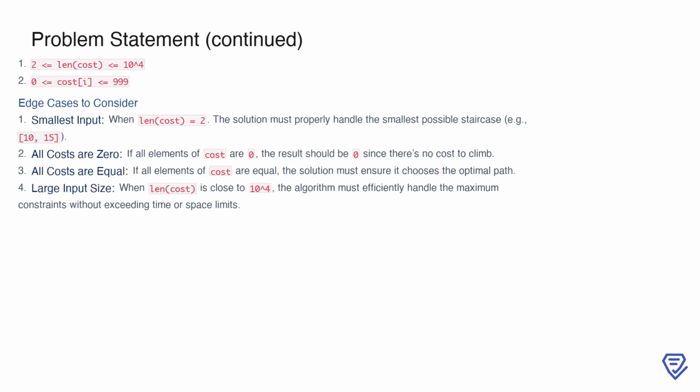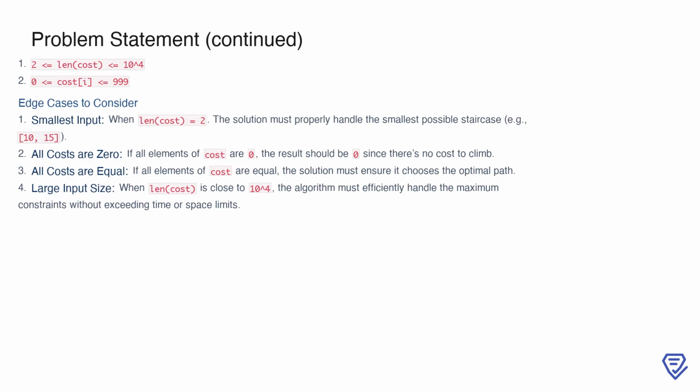Now, let's revisit the constraints and edge cases to ensure the solution is robust. The length of the cost array will always be at least 2 and can go up to 10,000. So the algorithm must efficiently handle very large inputs without exceeding time or space limits. The values in the array range from 0 to 999, allowing for cases where some or all steps have 0 cost.